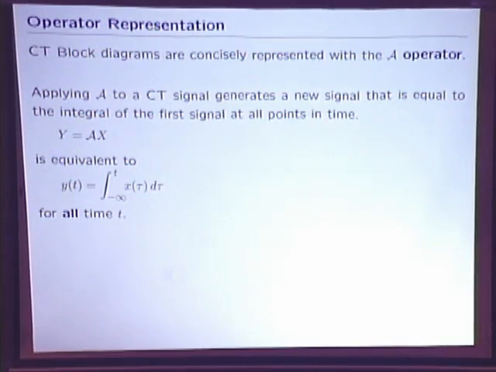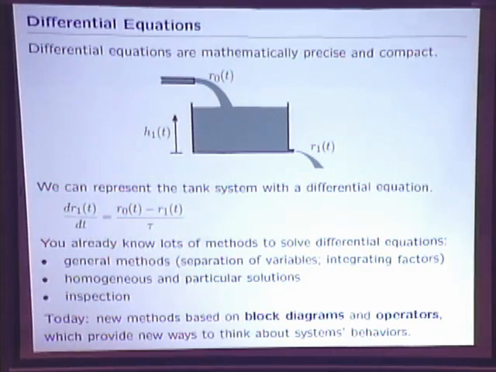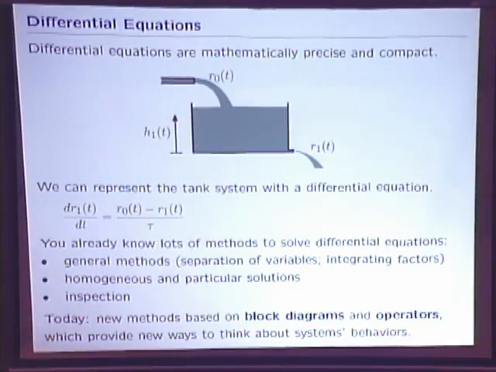The thing that's in my mind when I say the A operator is this tank. This tank accumulates water, and you can think about the relationship between the height of the water and the input and output rates by some differential equation. But the point is that the tank itself, the system, accumulates. And that's what we want to have in our heads when we think about the A operator.